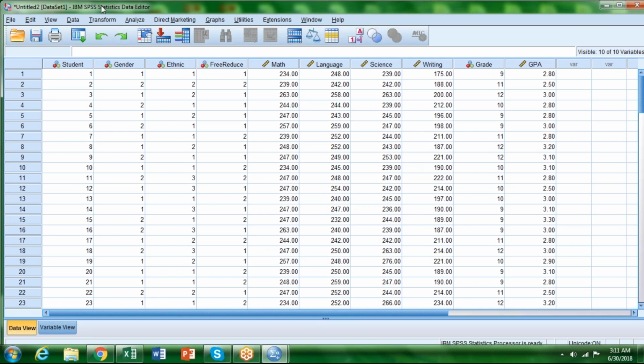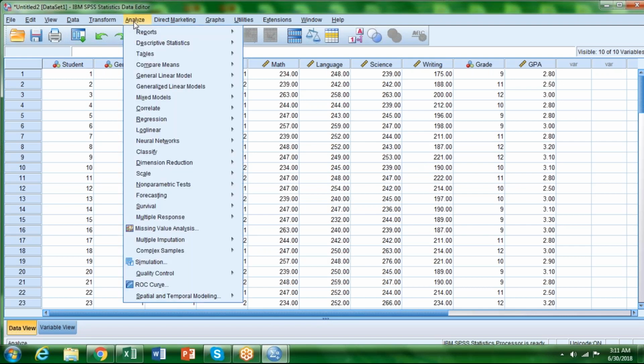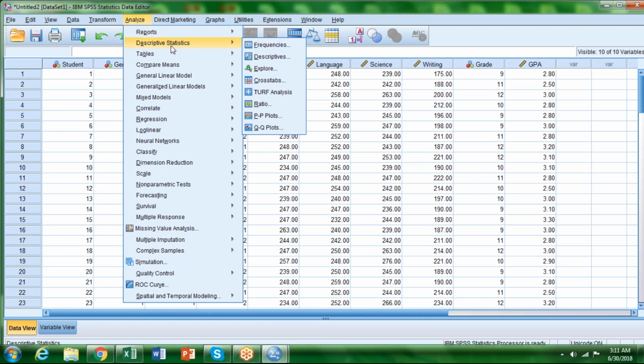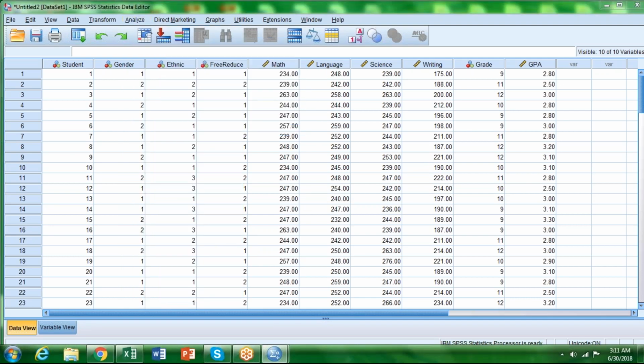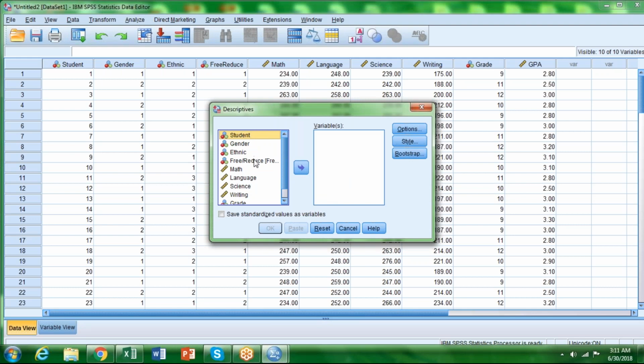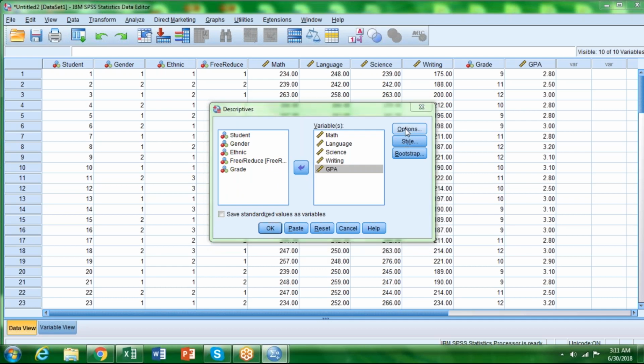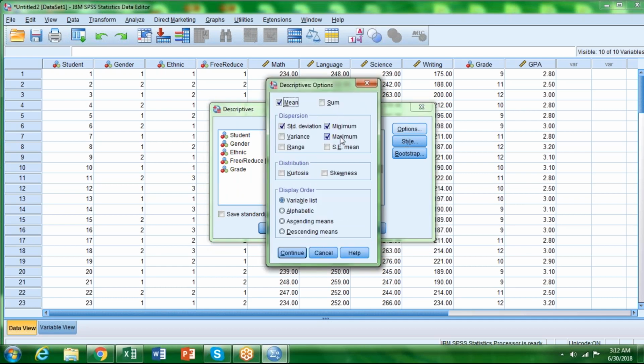The first thing we want to do is go to Analyze, and you should always run descriptive statistics before you do any analysis. Click on Descriptive, and we'll look at the descriptives of our content area variables and our GPA, since that's what we're going to mostly be looking at. Look at options, and in descriptives, we want variance.